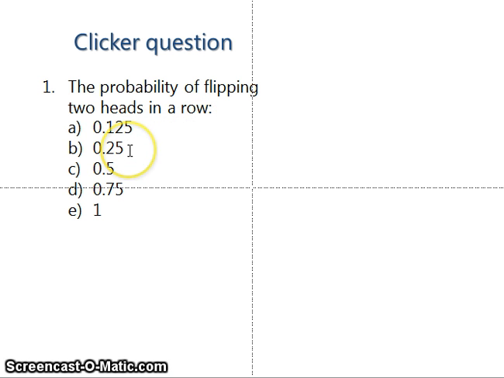The answer is B, 0.25, because we have a 0.5 probability of flipping the first head, and then a 0.5 probability of flipping the second head. Both together we multiply, and that's 0.25.